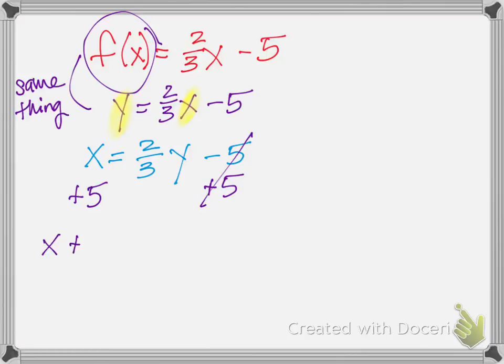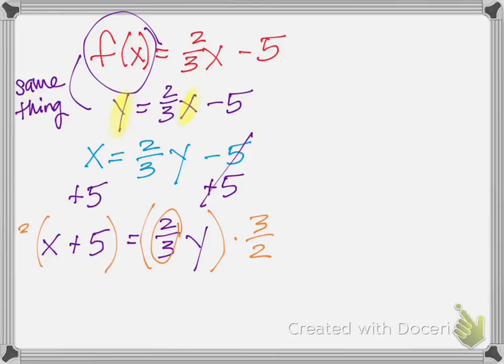So x plus 5 equals 2/3 y. In order to get rid of my 2/3, I need to multiply each side by the reciprocal. So in order to cancel out this 2/3, I need to multiply by 3/2. Whatever I do to the left, I also have to do to the right.